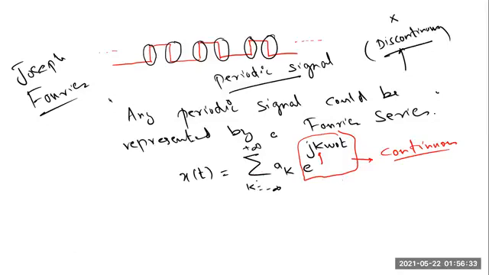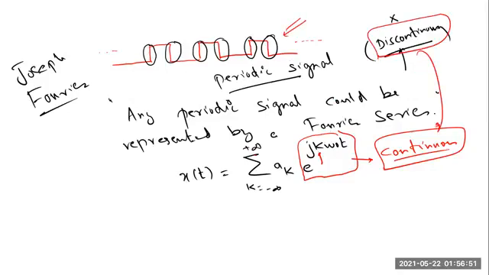So they were not ready to accept this idea that by adding, of course, when you say linear combination, you are adding a number of continuous signals. The scientists were not ready to accept the idea of Fourier, that how can a signal like this, which is discontinuous, be represented by addition of continuous signals? That was the major objection to the idea of Fourier.